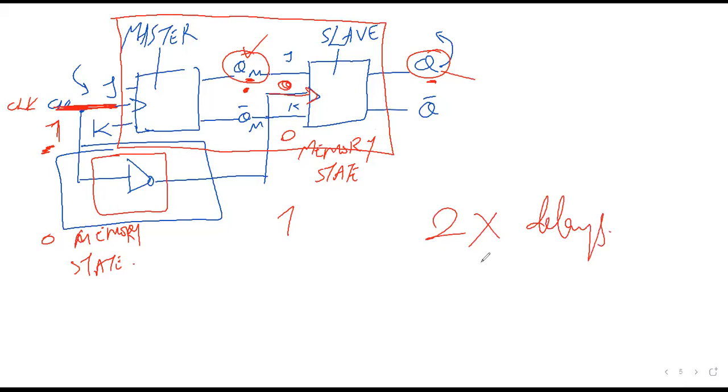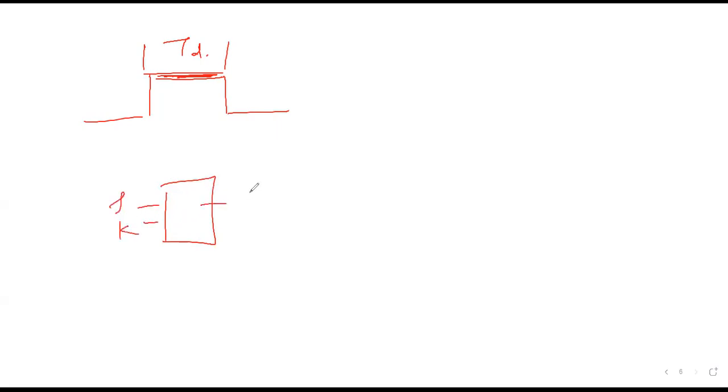When I started explaining the race condition, I said it can be a case where, with level triggering, the delay of your JK is very small, far less than this time here.